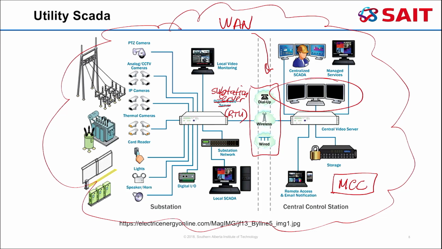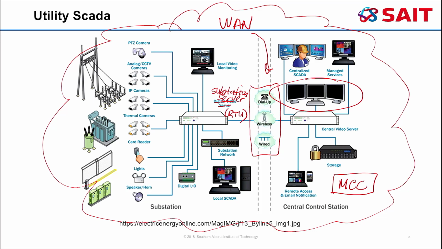Video is just another form of data that could be transferred as data files, video bytes or sound bytes, and things of that nature. But the idea is that it's data being collected from the substation at that local site as a local area network.